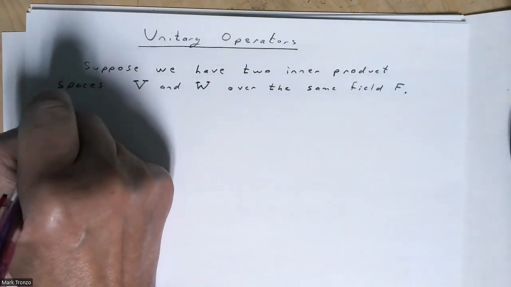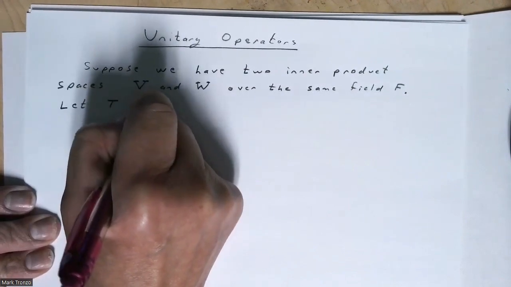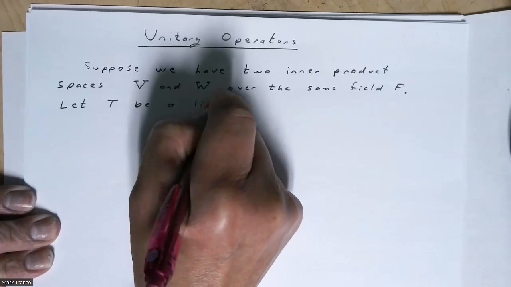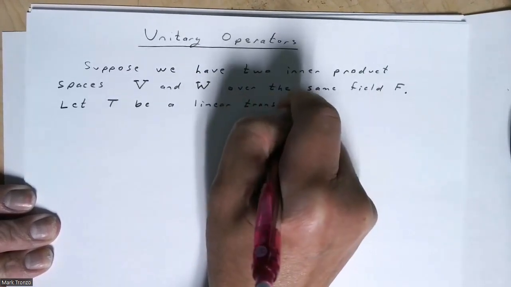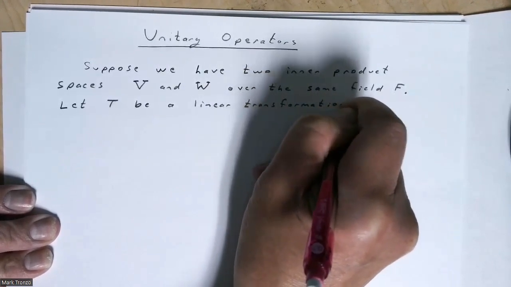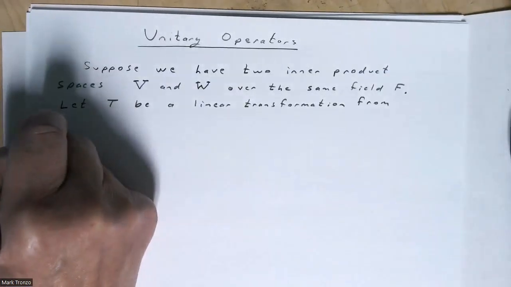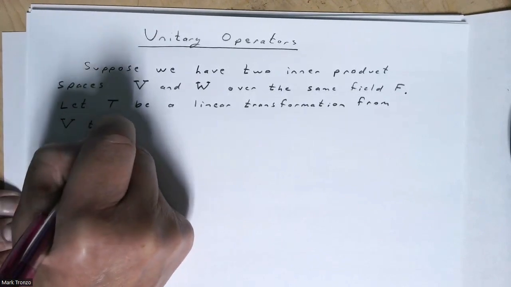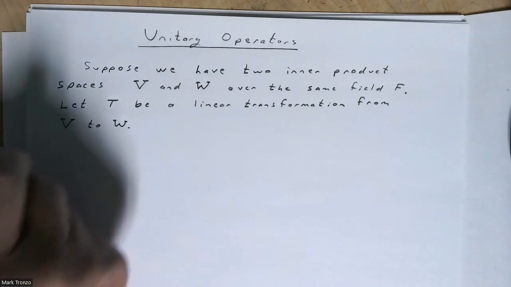And let T be a linear transformation from V to W. So that's the background we have here for our definitions.